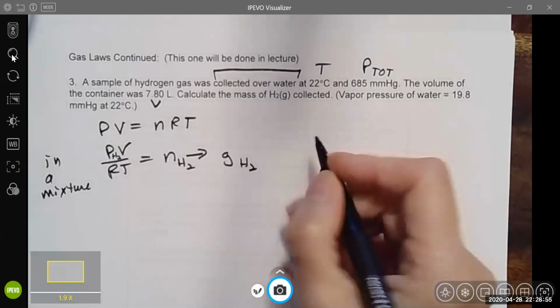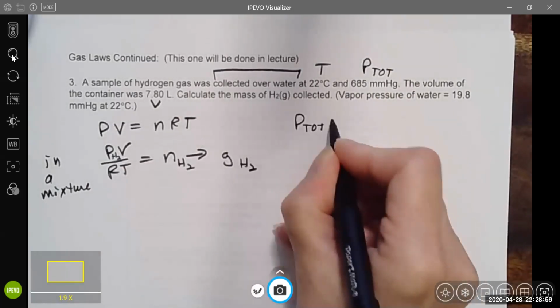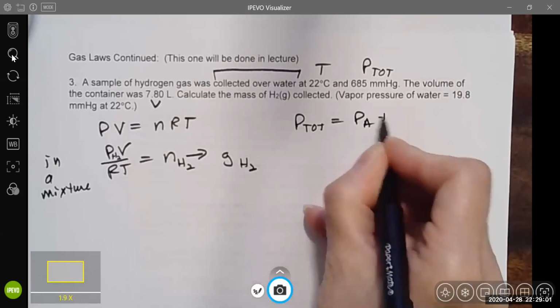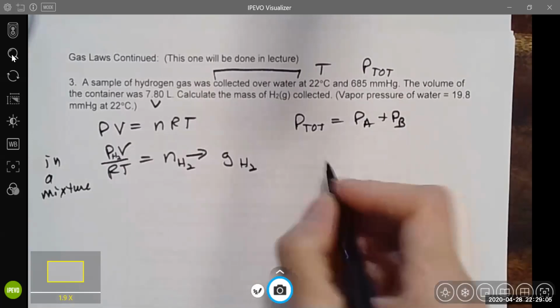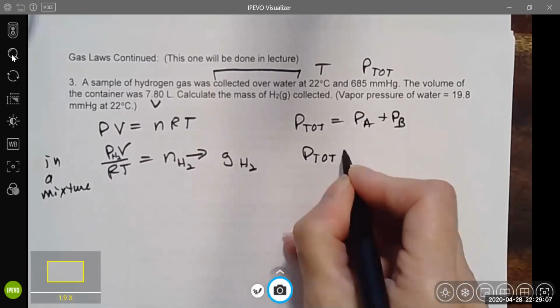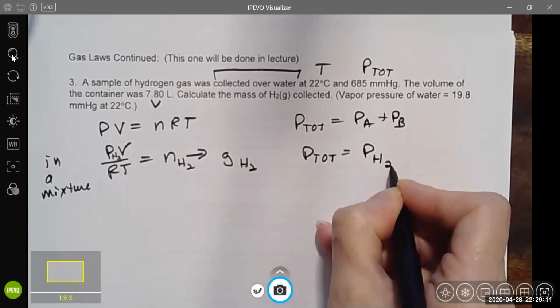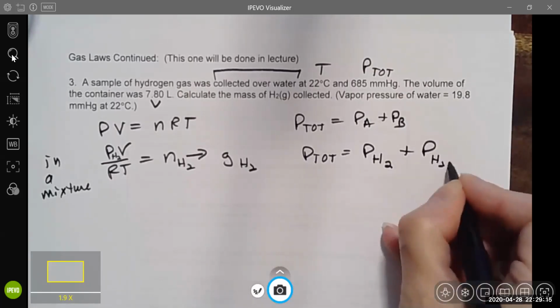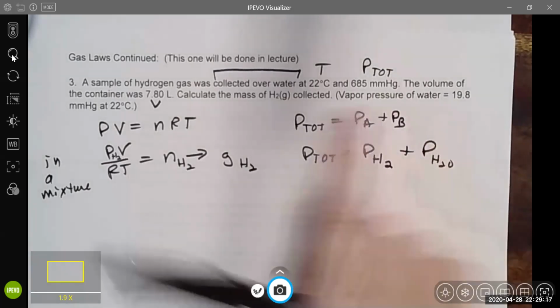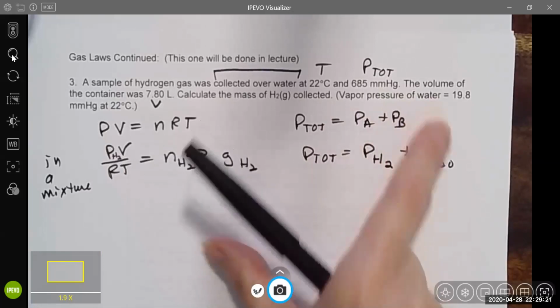So we're going to go to the equation, Dalton's law of partial pressure. Pressure total. We only have two gases present, A and B, and I'll put the right ones in there. Pressure total equals the pressure of the hydrogen we collected, plus the pressure of the water vapor, which is the vapor pressure, where it says here, the vapor pressure. That's the vapor pressure of water, right there.